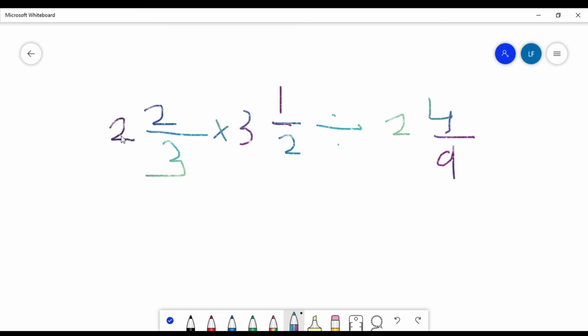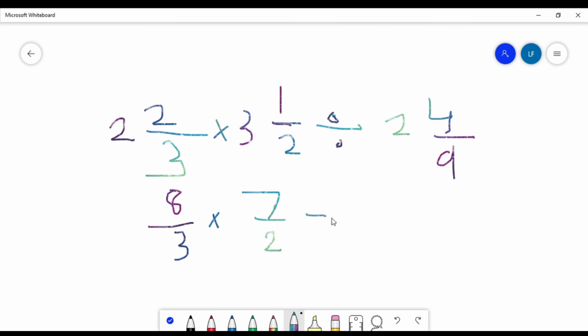Okay, anyway, next we take 3 into 2 becomes 6. 6 plus 2 becomes 8, right? 8 by 3. Then 2 into 3 becomes 6, and 6 plus 1 becomes 7 by 2.